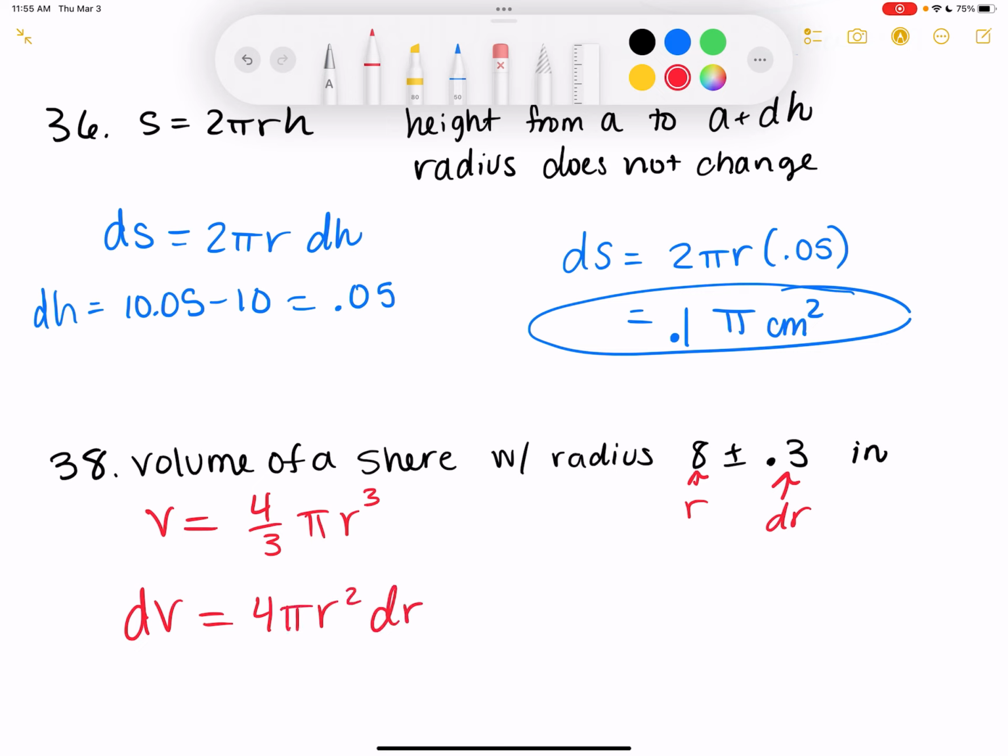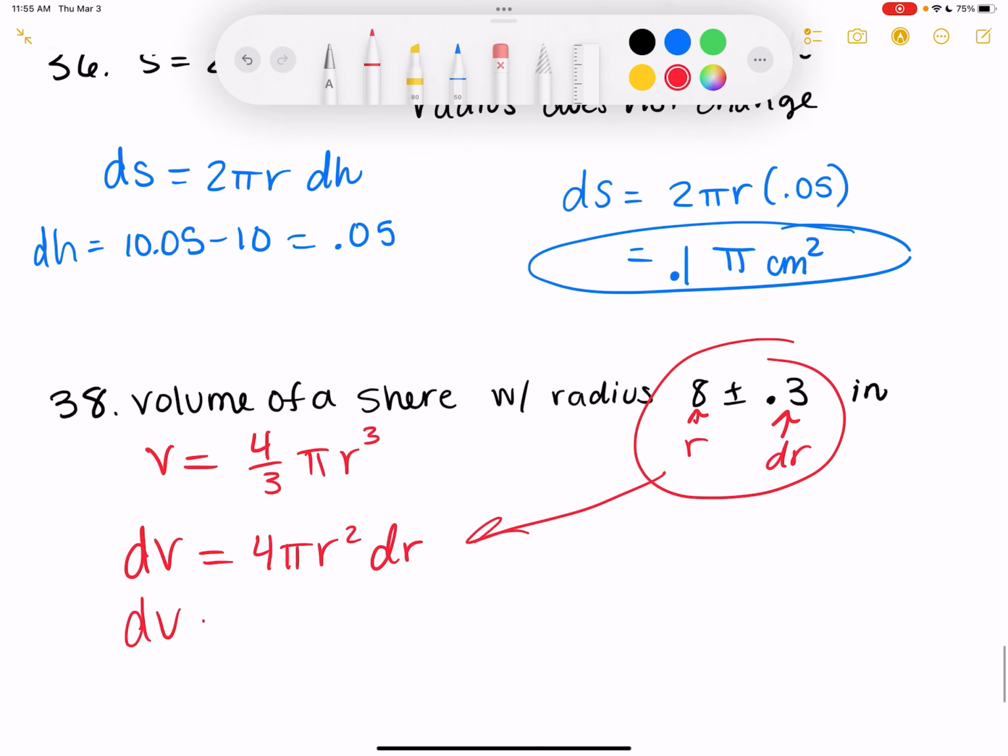Don't forget the DR on the end. So now we just plug in these numbers. So dV is equal to 4 pi times 8 squared times 0.3.